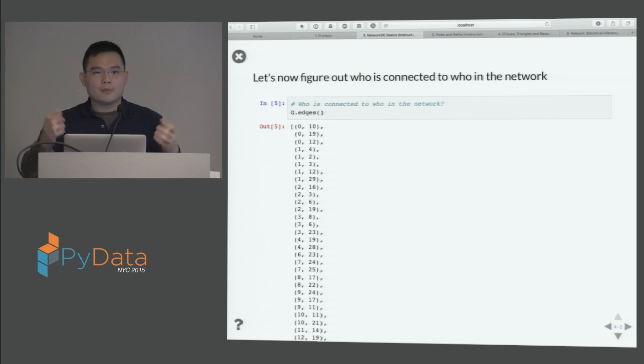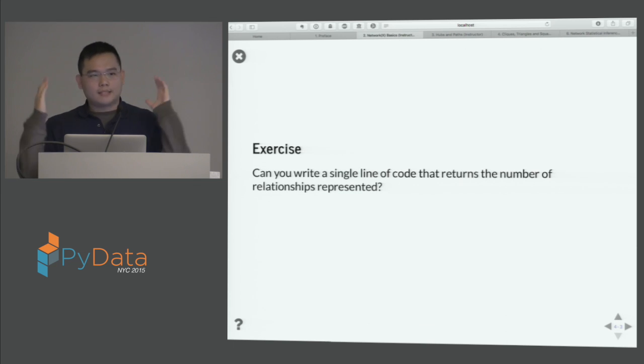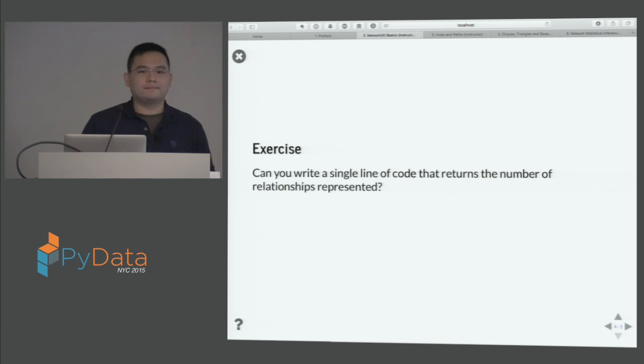If it was a directed network, it would be source and sink, but if it's an undirected network, it would be just the two nodes that are linked together, with order not being important. Likewise, take 10 seconds now to write a single line of code that returns the number of relationships present inside the network. When you're done, please give the thumbs up.